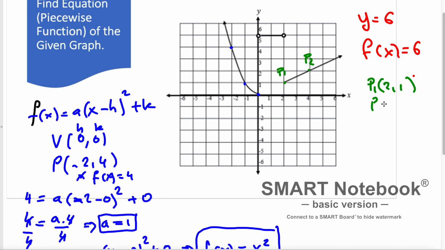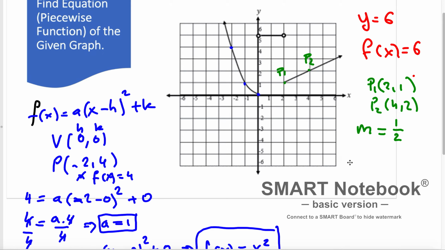And point 2 is 4 and 2. We can find the slope formally or informally. If we want to do it informally, the rise is 1 and the run is 2 units, so 1 over 2. Or you can apply the formula y2 minus y1 over x2 minus x1, which is going to yield the same result.